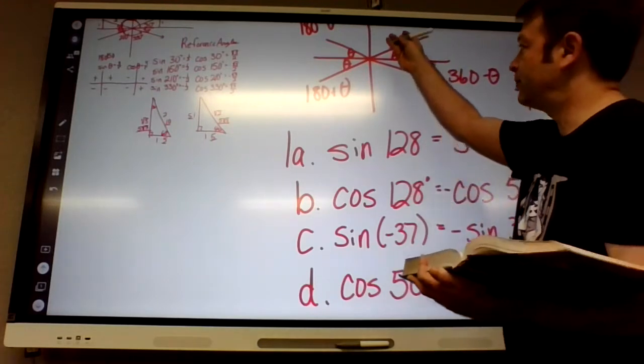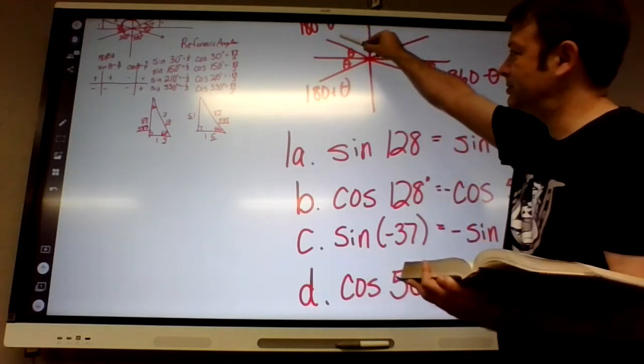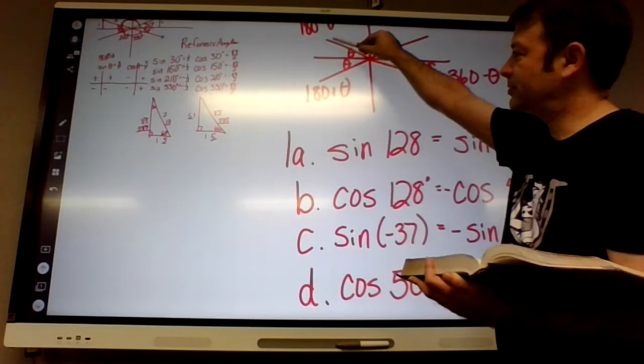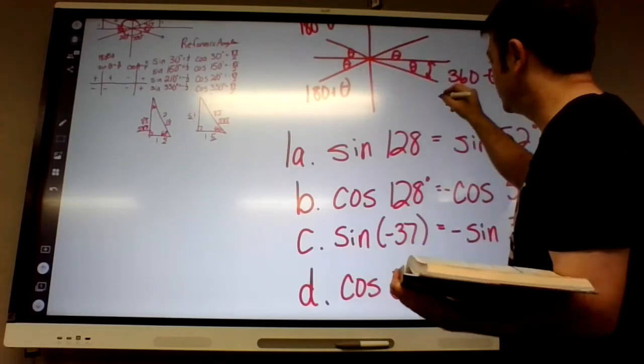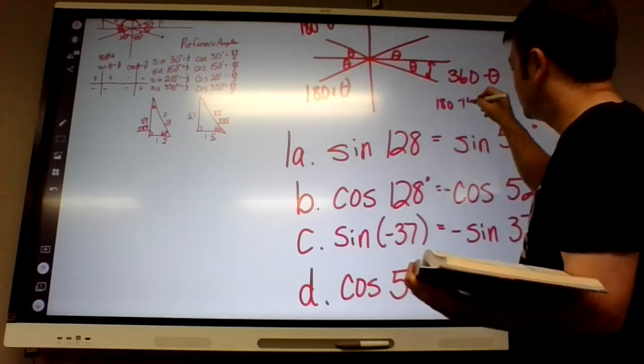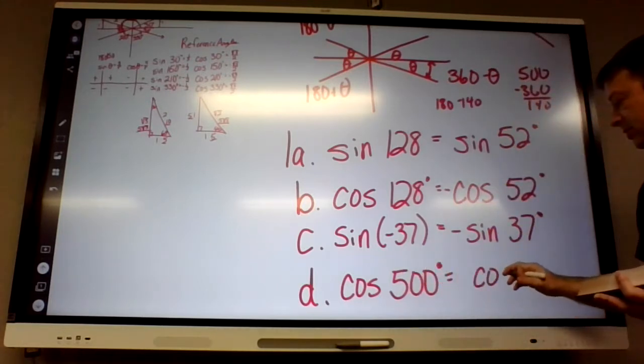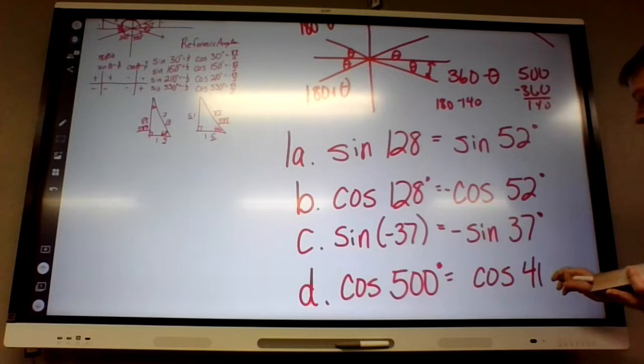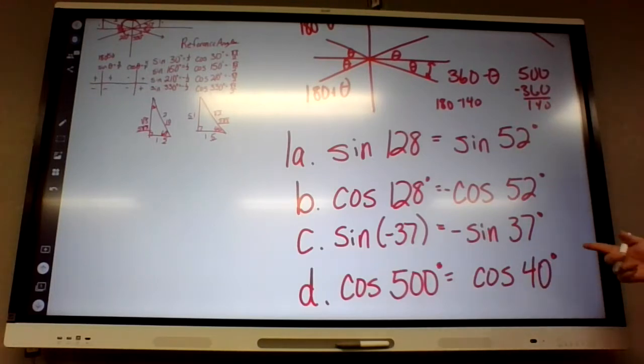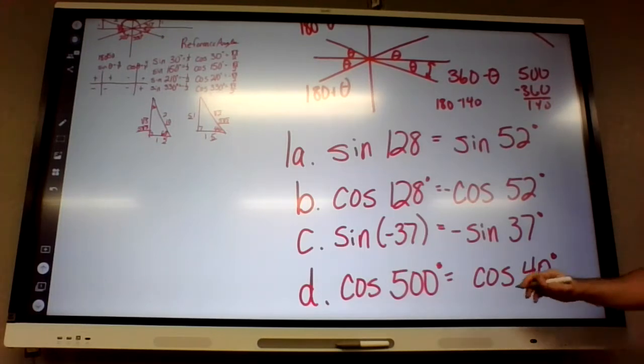So cosine of 140 would be in the second quadrant. And how far is 140 from 180? It's 40. So this is going to equal cosine of 40 degrees. Is cosine positive or negative in the second quadrant? Negative.